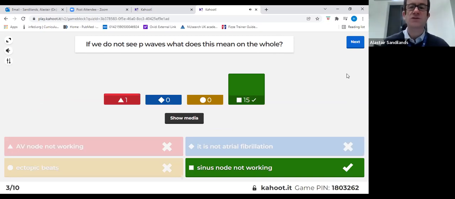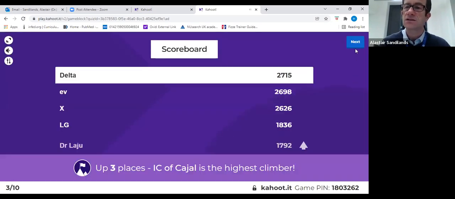Yeah, so therefore, if you don't see P waves, the sinus node is not working. There's one rhythm that's called junctional rhythm where you might not see a P wave, but we'll cover that later on during the lecture.